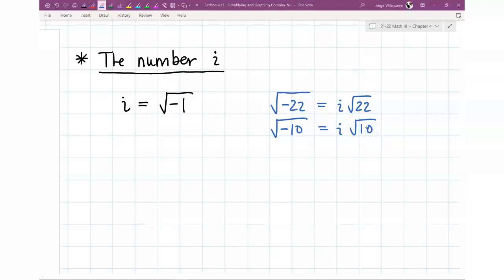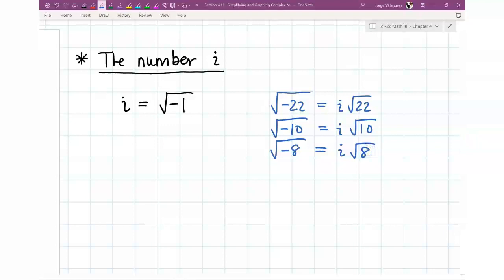Sometimes you may have to simplify some of these square roots, just so you're aware. If I were to write negative 8 inside, then we write i square root of 8. Even though the square root of 8 isn't nice, you can break it down.